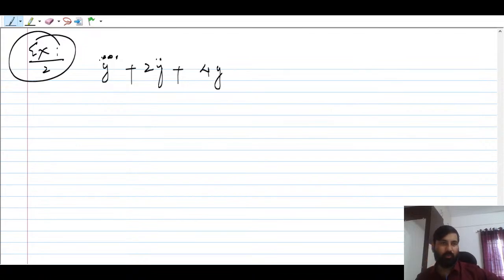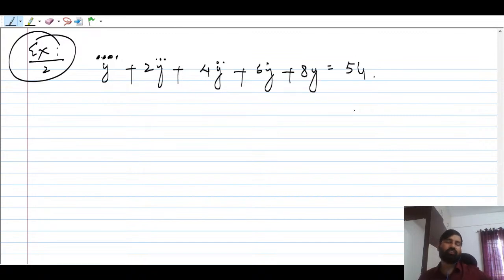So I think it's a fourth order. So there will be 3 dot, there will be 2 dot, then 6 y dot plus 8 y equal to 5u. So this is the differential equation they have given. Now you have to directly write the matrix. Can you find the matrix A? You will say yes, sir.